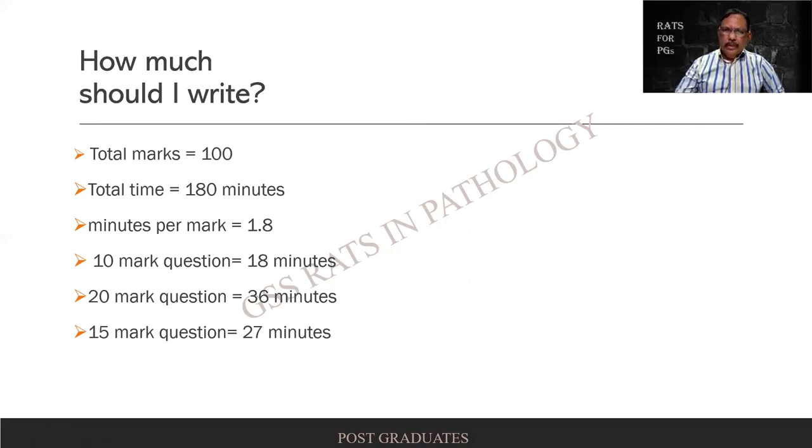Therefore, the number of minutes per mark will be 1.8 minutes. If it is going to be a 10-mark question, you should allot 18 minutes for it. If it is going to be a 20-mark question, 36 minutes. 15-mark, 27 minutes. This is a rough calculation.